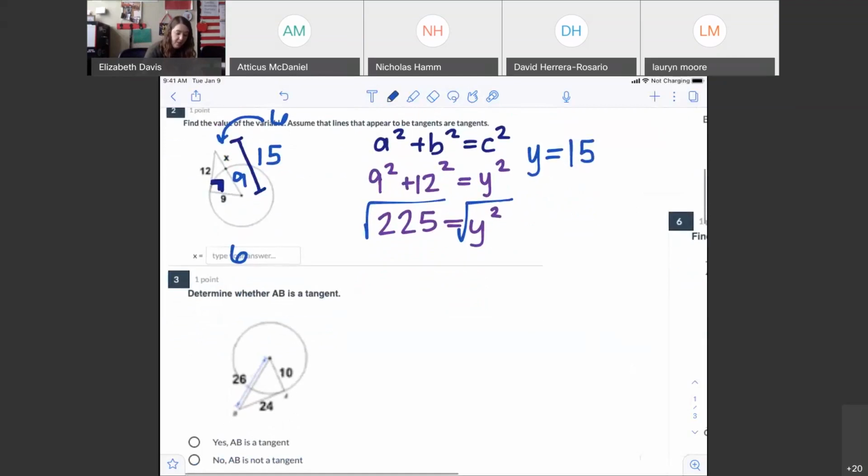All right, looking at number 3, we want to decide if this is tangent or not. You're going to use the Pythagorean theorem. I will give you 45 seconds to try this one.